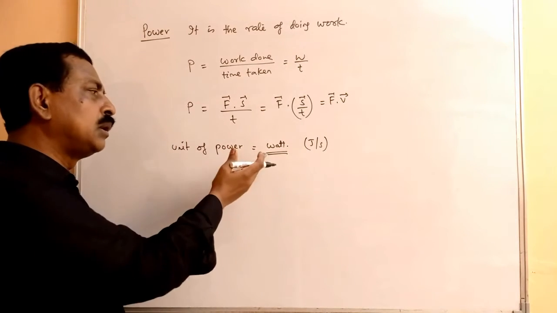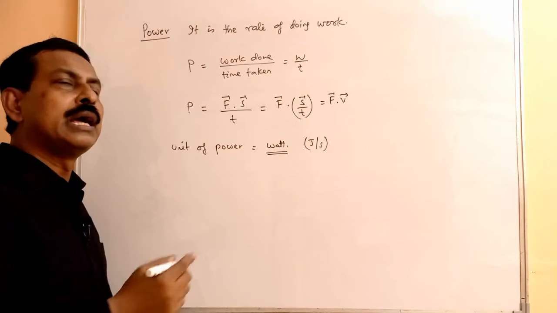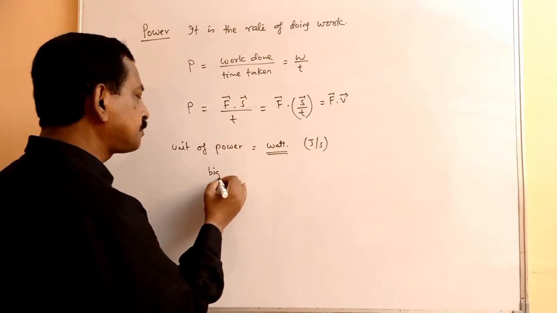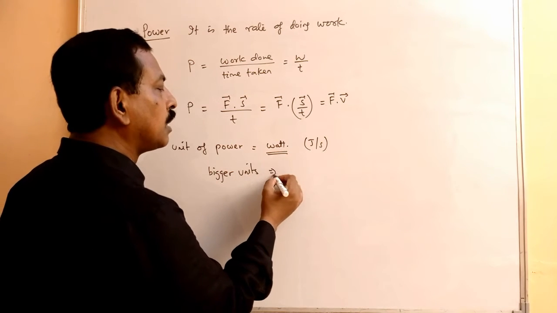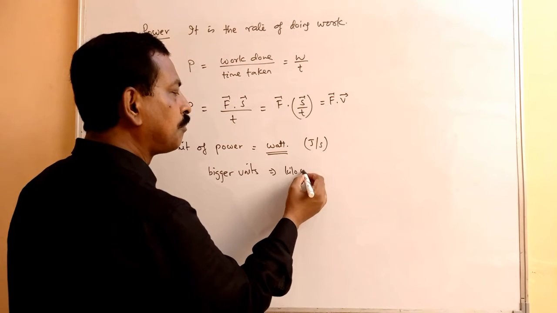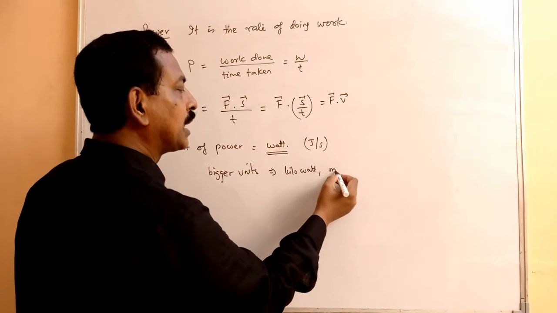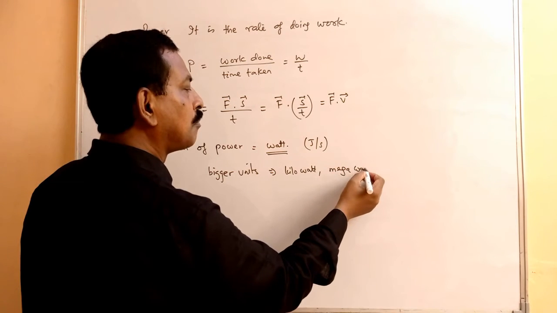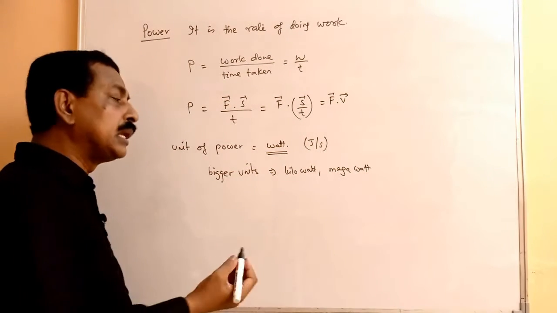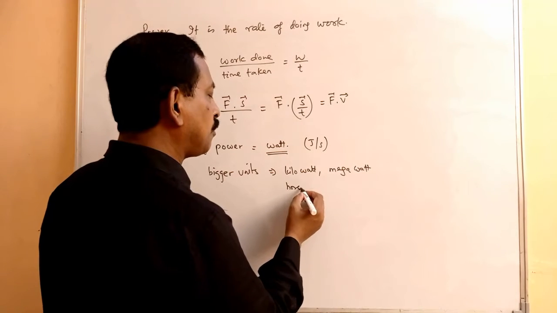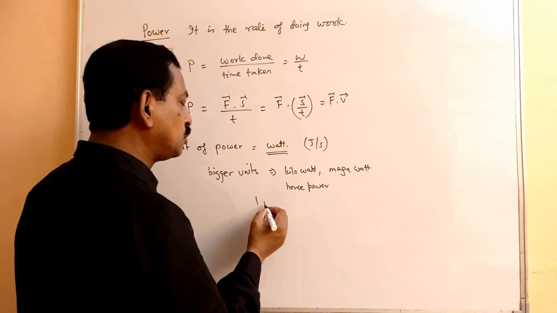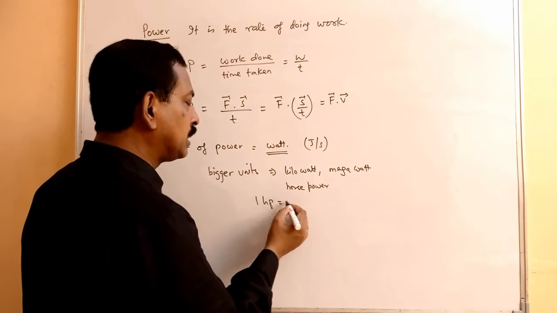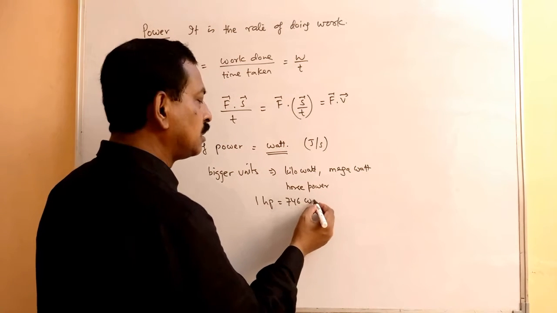So here, watt will be the SI unit, and the bigger units are kilowatt, megawatt, okay, even horsepower. And 1 horsepower, you know, is 746 watt.